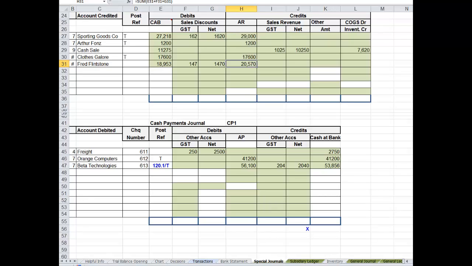The 14th. Rent. I'm hoping that's check 614. The bank is 5655. That didn't work. Maybe it's 5665. That works.